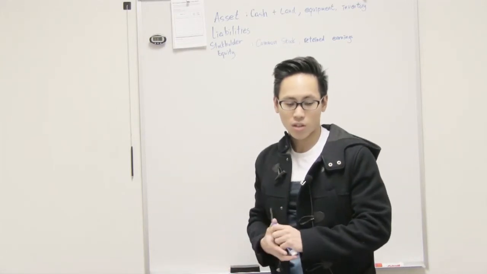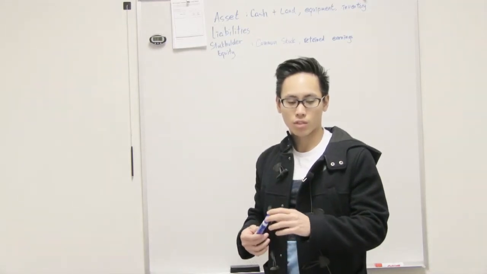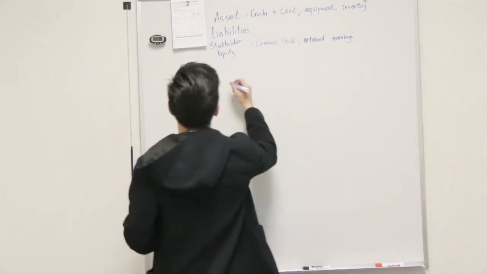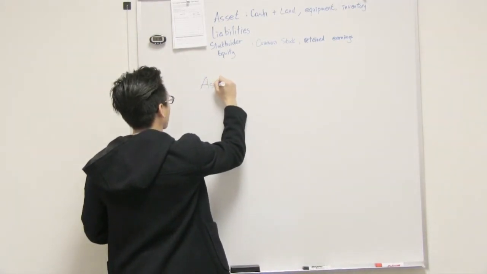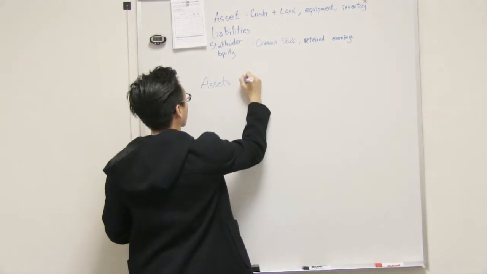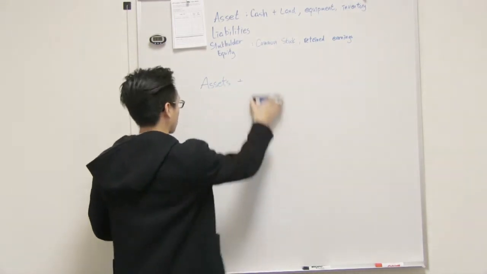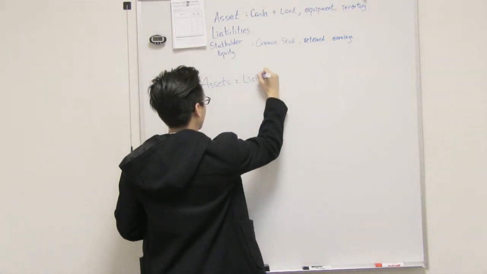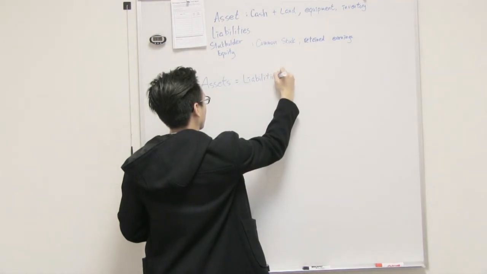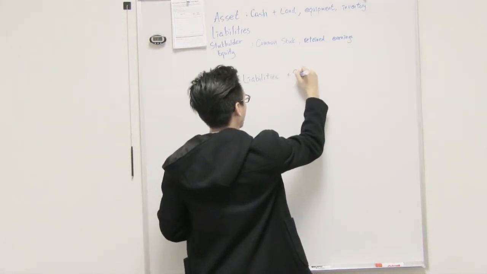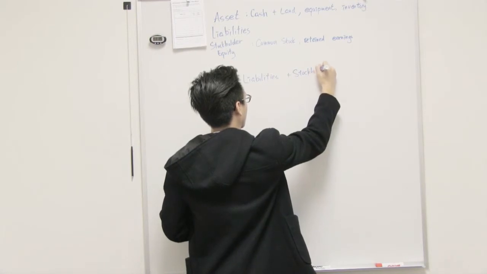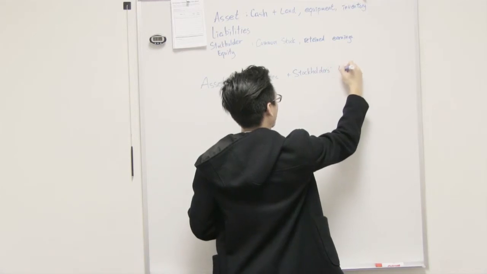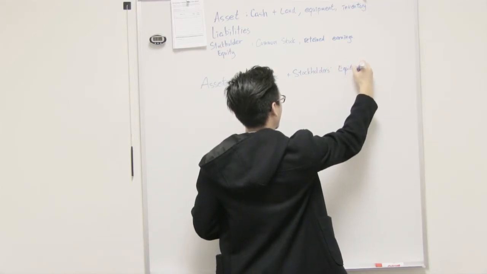And so these three terms comprise the most basic accounting equation, which is assets equals liabilities plus stockholders equity.